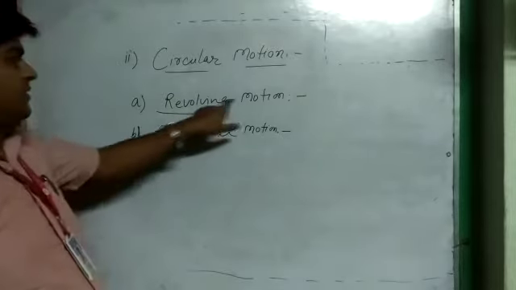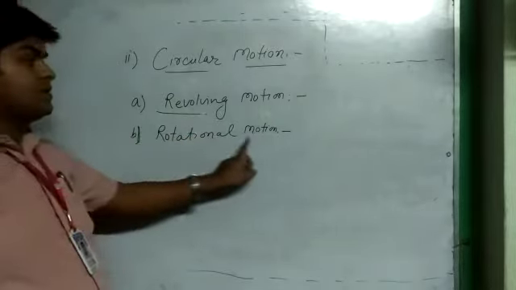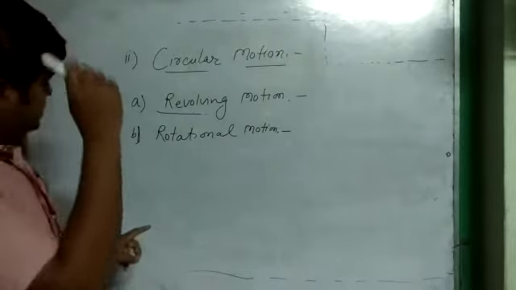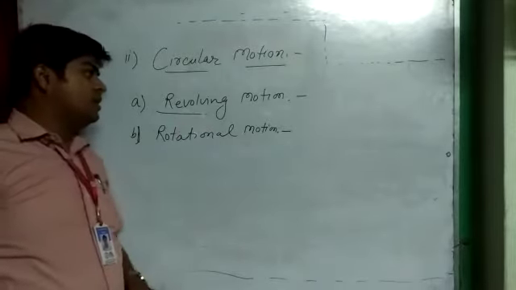First one is revolving motion. Second is rotational motion. So circular motion is of 2 types: first revolving motion, second rotational motion. Now let us start with revolving motion.